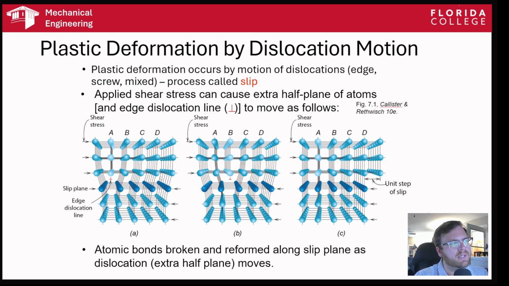Now, if this happens all the way throughout the body of a material or a grain, that half plane of atoms will move all the way out to the far edge. And now we have an extra half plane of atoms that is literally on the very edge of the material, and so that edge dislocation has essentially disappeared because it has moved all the way out to that outer edge. Okay.